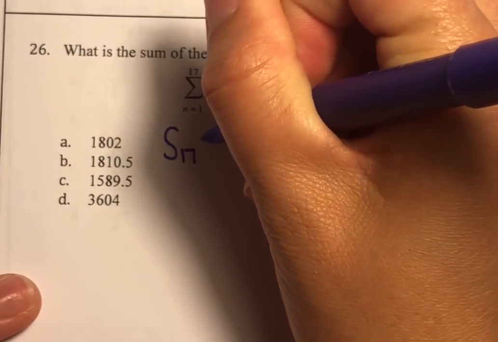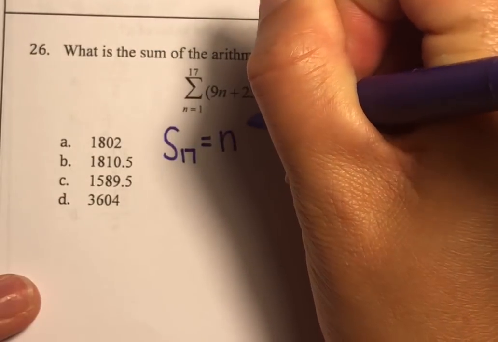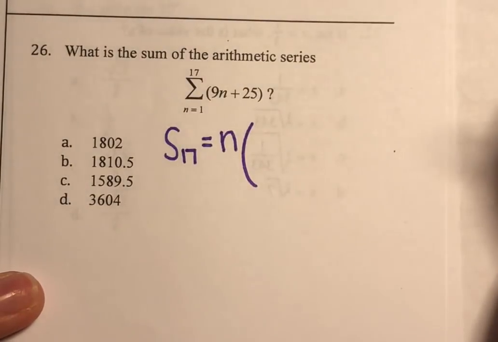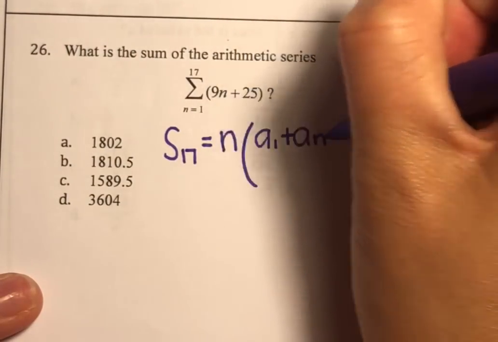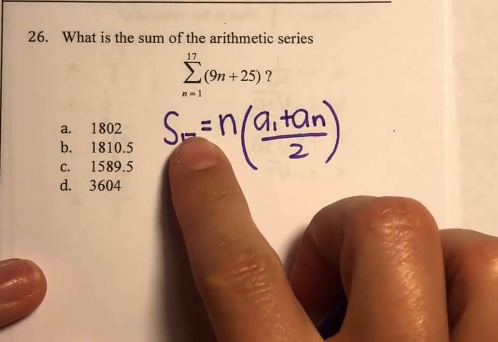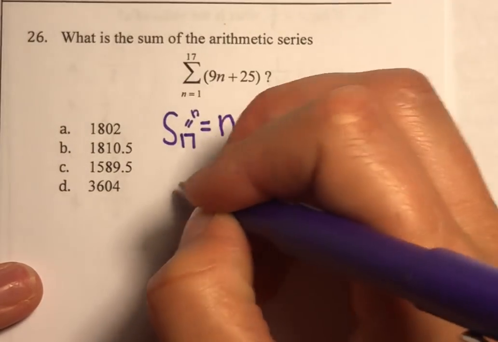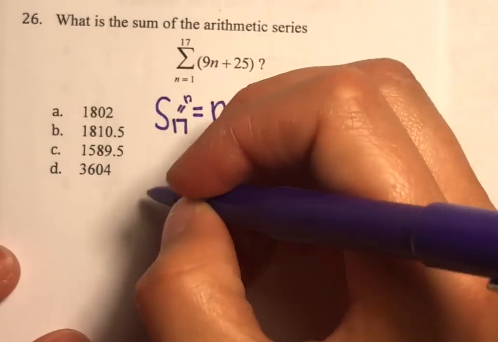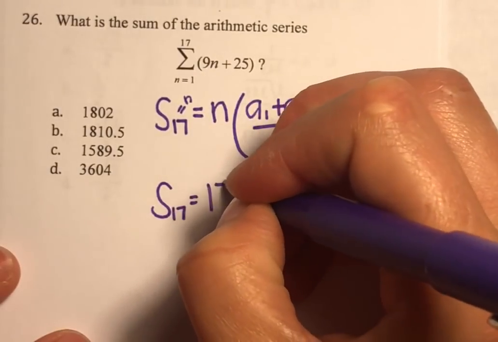So the sum formula, I'll write that down first, is n times the quantity a1 plus an divided by 2. So we're looking for S of 17, where 17 is our n, or number of terms that we're going to find the sum of. So n is 17.